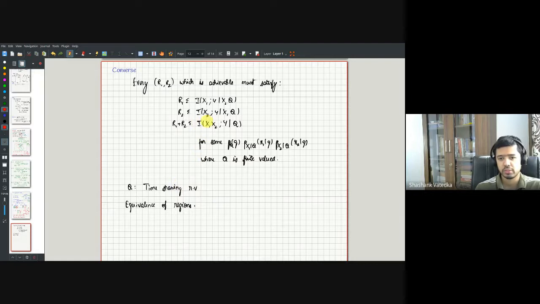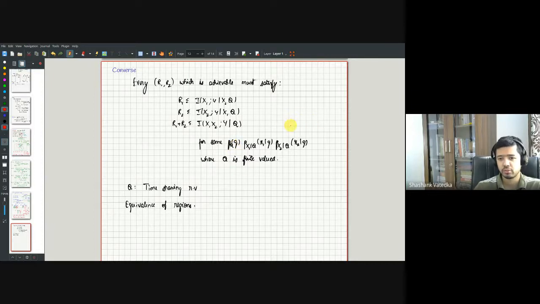So these conditions must necessarily be satisfied for some joint distribution on X1, X2, Y, and Q, which follow the following properties. So p of y given x1, x2 is of course determined by the channel. So the freedom is in choosing X1 and X2, but they can be chosen in the following manner.